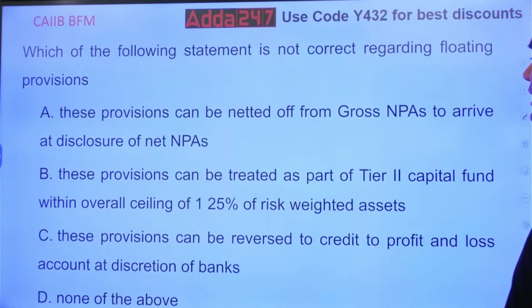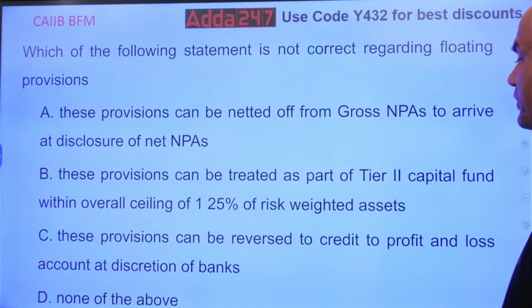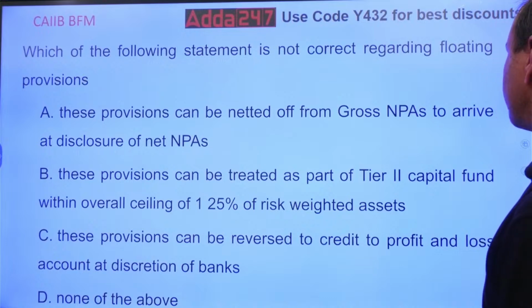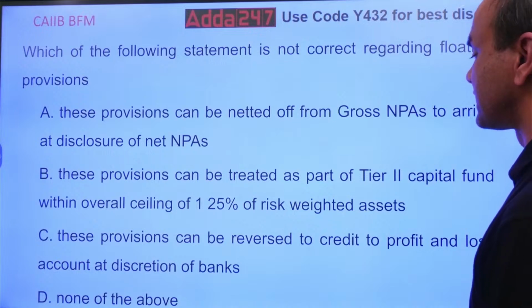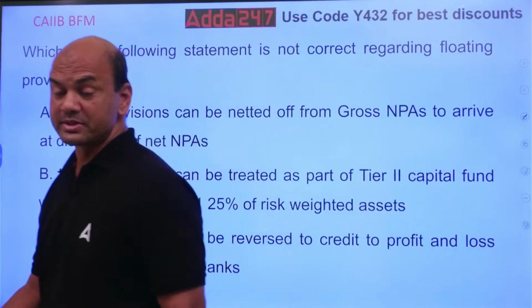These provisions can be treated as a part of Tier 2 capital with an overall ceiling of 1.25% of the risk-weighted assets. These provisions can be reversed to credit to P&L account at the discretion of the bank. And none of the above. So which of them is true?